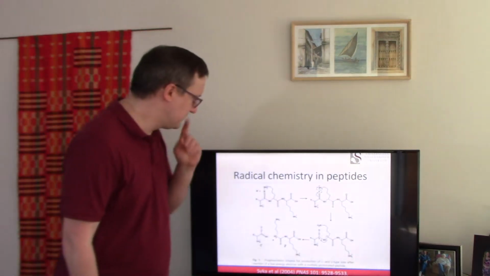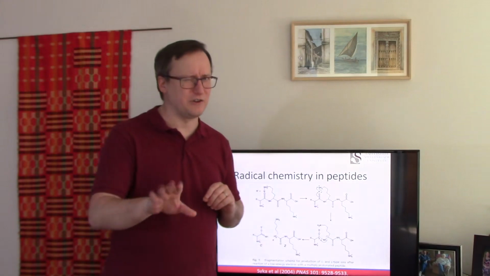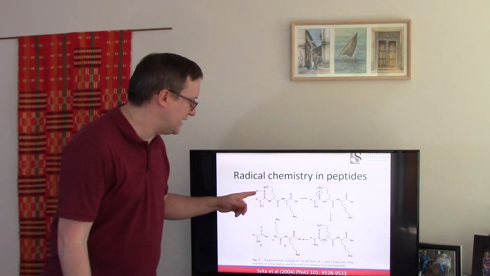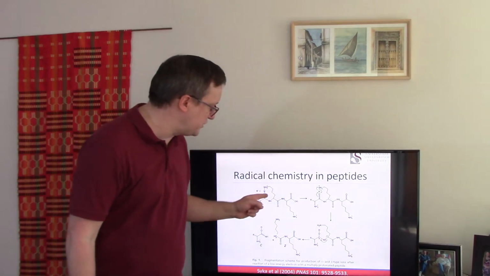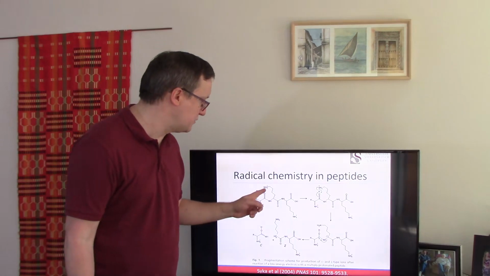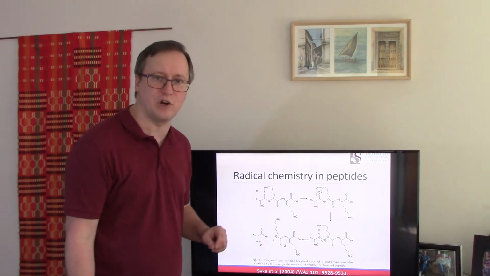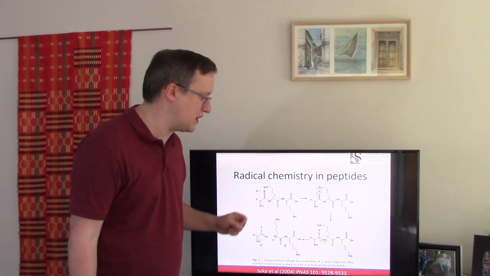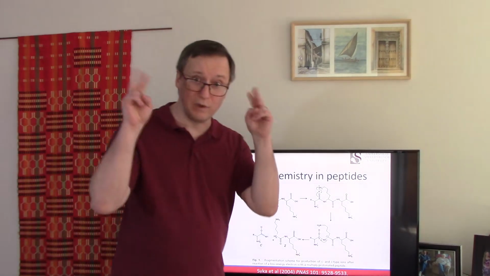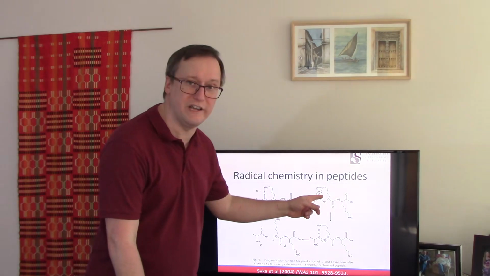So what happens? This is a part where you'd better talk to an analytical chemist to get everything right, but I'll try to give you the hand-wavy version. We have an electron that's being transferred to a peptide ion that's carrying multiple charges. So we see that here we have a positively charged lysine in interaction with a carbonyl. This electron shows up, and yes, they neutralize, but they also have now created a radical.